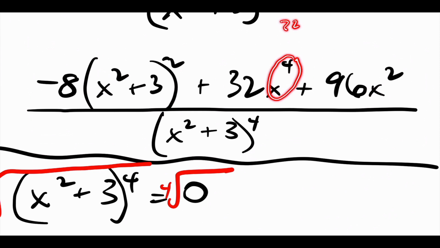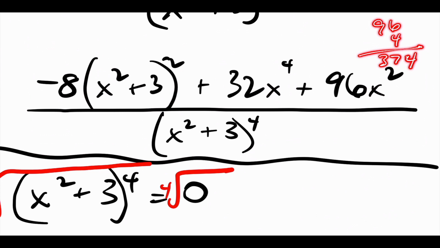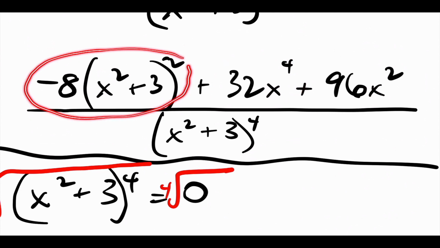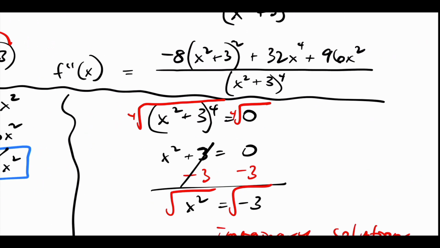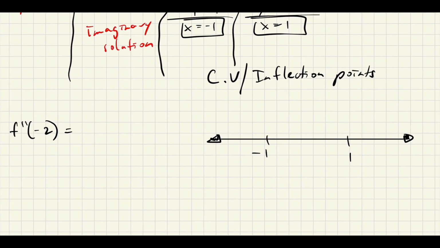So 32 times 16 and 96 times 4. So let's see, 96 times 4, that one's going to be 370 something, 374. Plus this guy here is going to be over 400. This guy here is about -400. So the top is going to be positive. So a positive divided by a positive will make a positive.